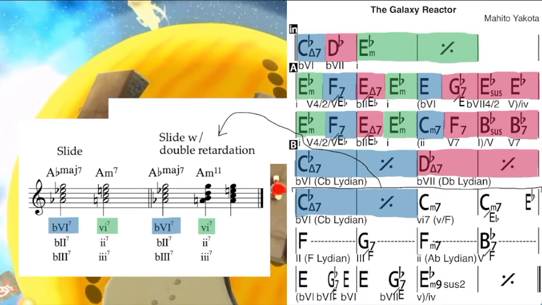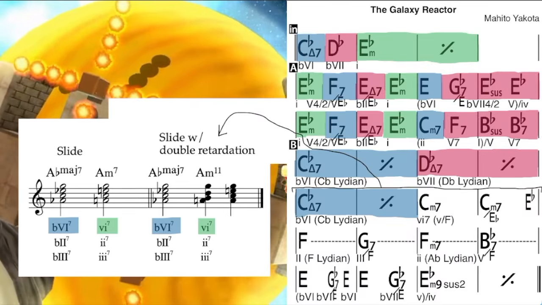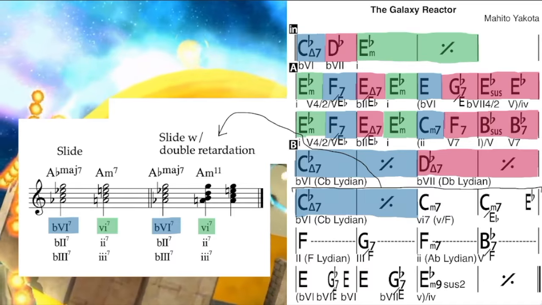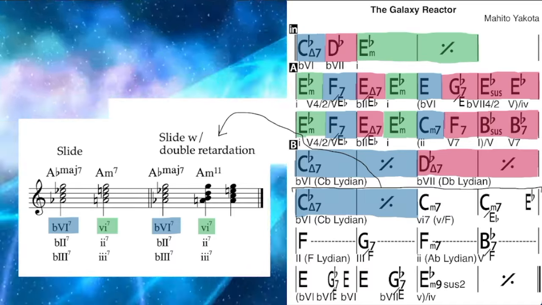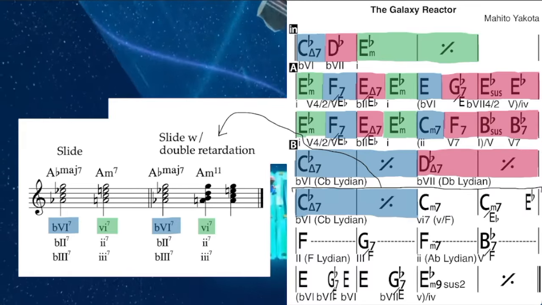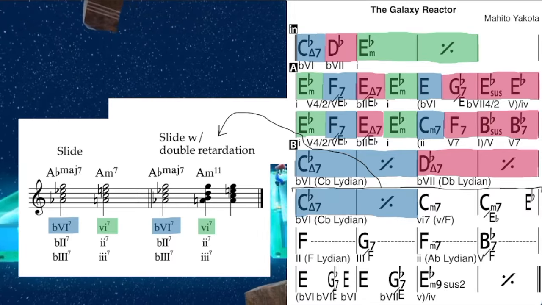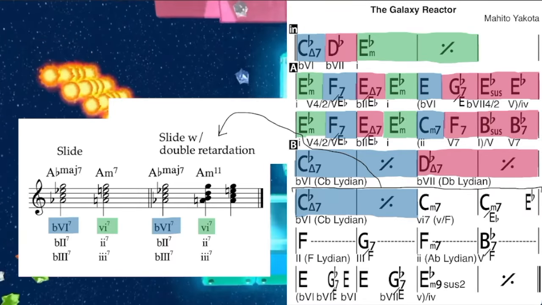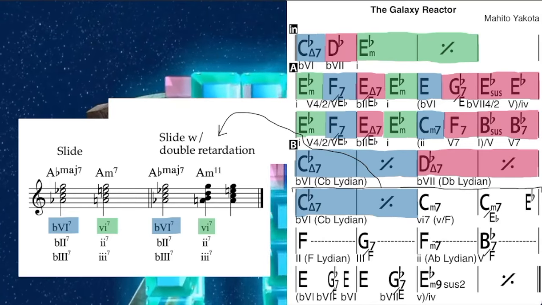The cool thing about the slide progression is that, what function is it? Like, there's no way to tell because, if I was to play all of these Roman numerals in C, you could tell that you really don't know what it is. So this is C minor, right? You got flat 6, 6.